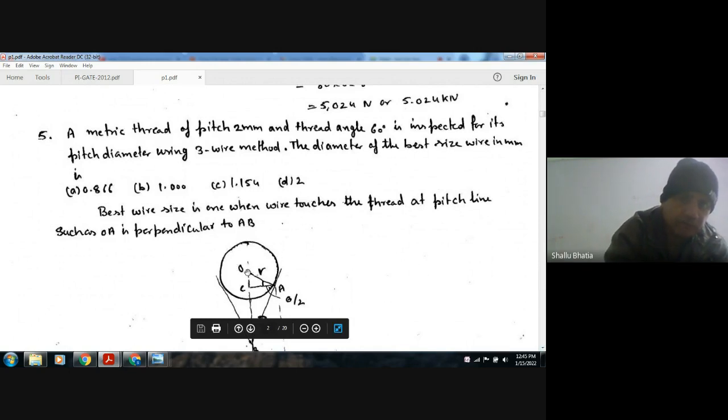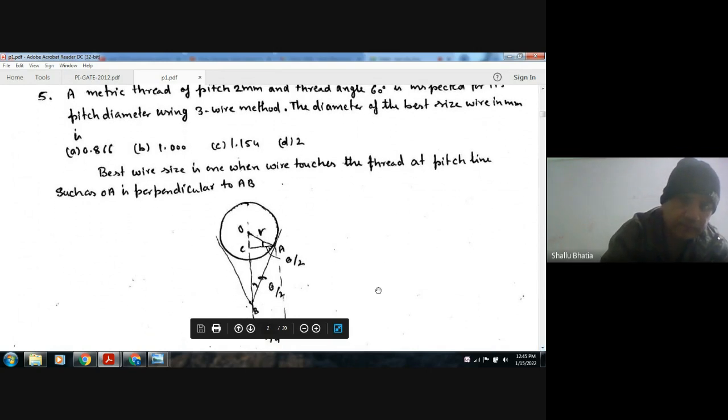So this is your wire and this is your pitch line, and it touches the pitch line and it is perpendicular to the surface. So this is the best size of the wire, and here the thread angle is 60 degrees, so theta by 2 is 30 degrees, and this will also be theta by 2.